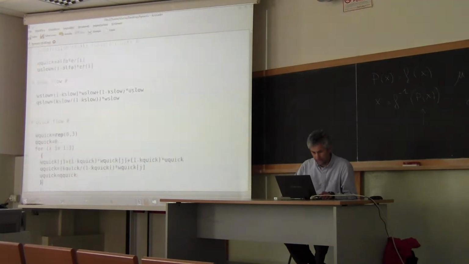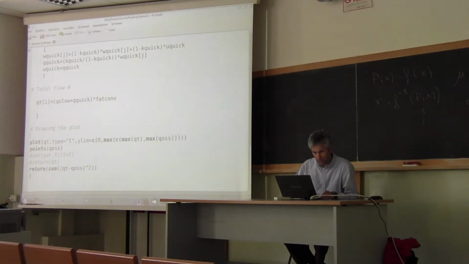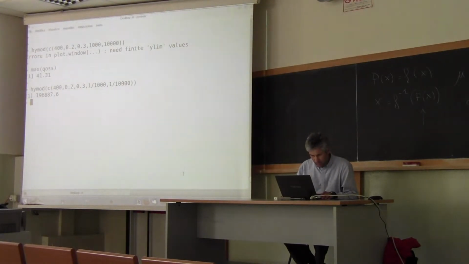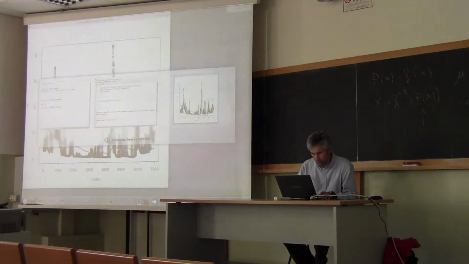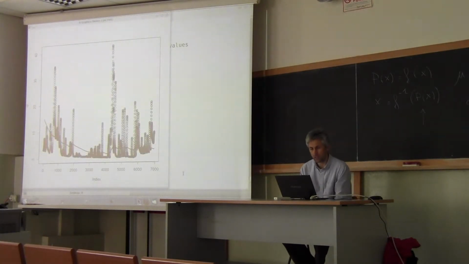So, let me change the code here, and then plot Qt equal red, and also let me put the line width equal to 2. Okay. I need to, of course, reload the software, and if I run it again, now it should be more readable. Yeah. Okay, you see that it's not really a good simulation.